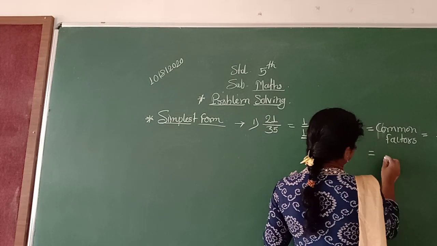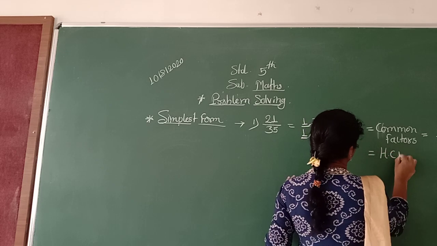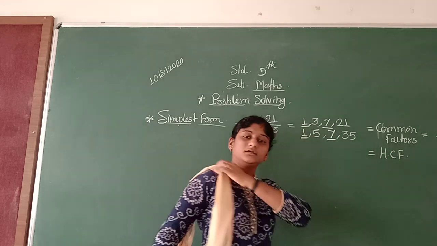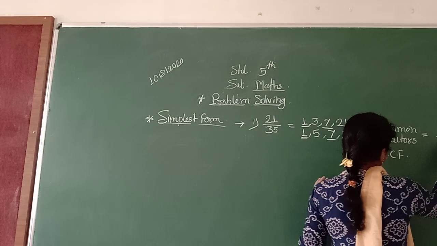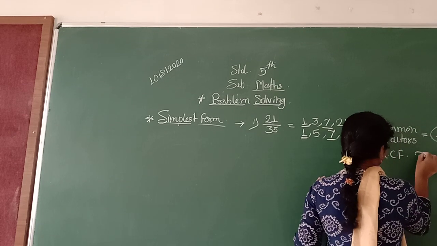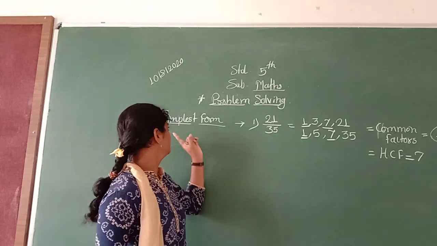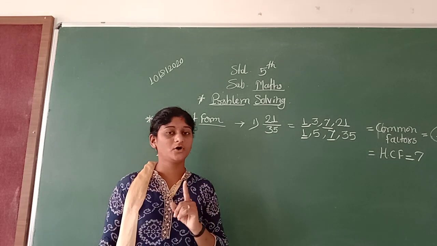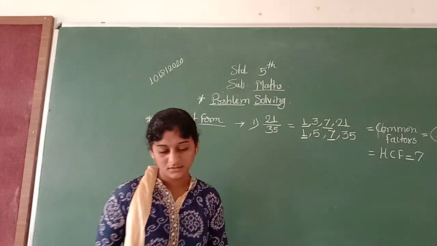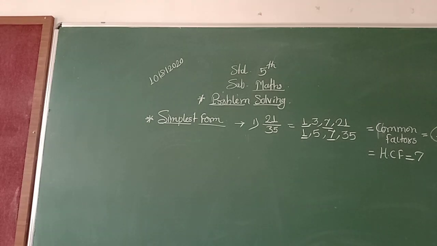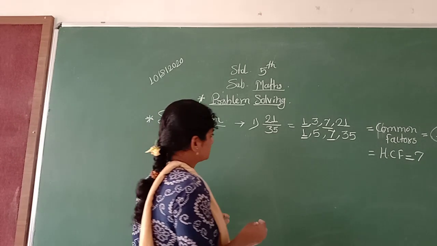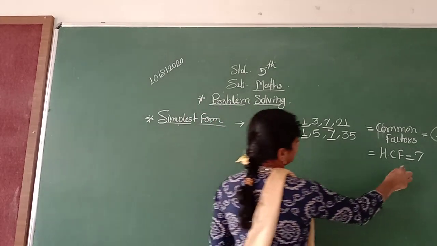Now come to the point HCF. Come to identify first one. HCF. Which is the HCF from these numbers? 7. Highest common factor. We are going to solve simplest form, student. Keep in mind. After that, see which number we have got.